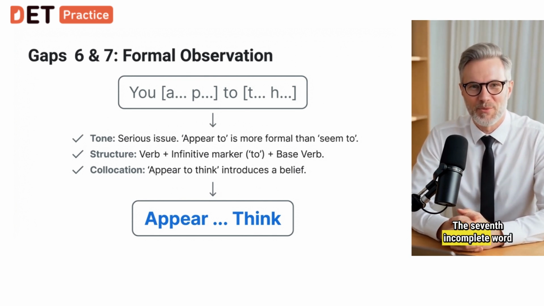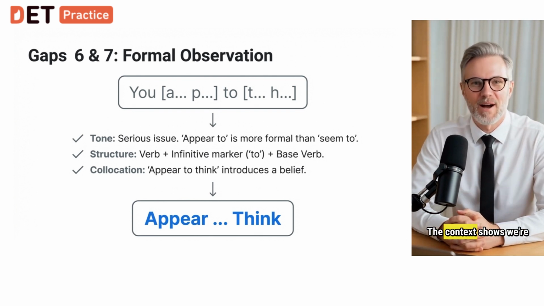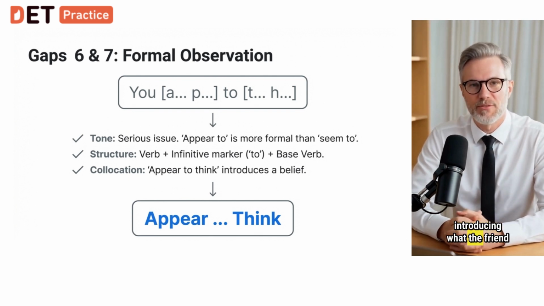The seventh incomplete word comes after to and starts with T and H. The answer is think. After to, we need a base verb form. The collocation appear to think that is very natural in English. The context shows we're introducing what the friend believes. There are very few verbs in English that start with those two letters, and think fits perfectly here.